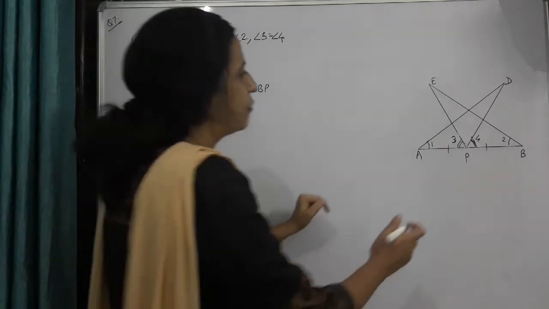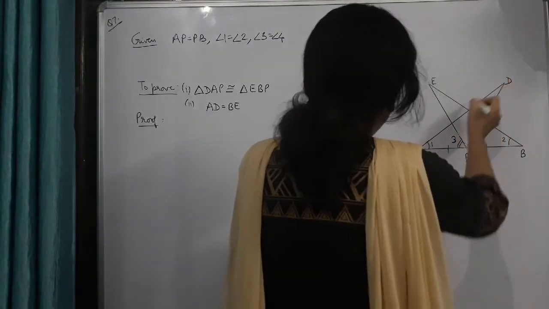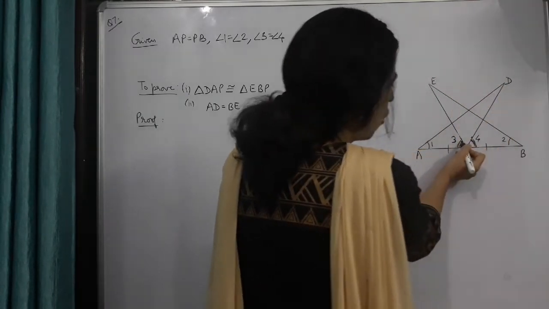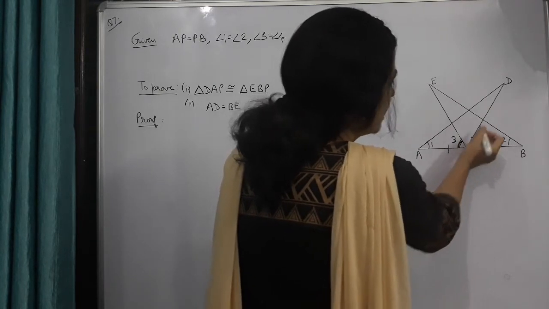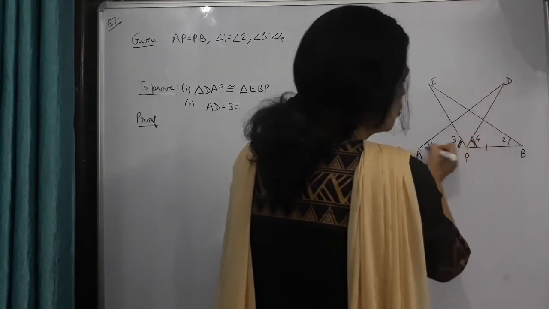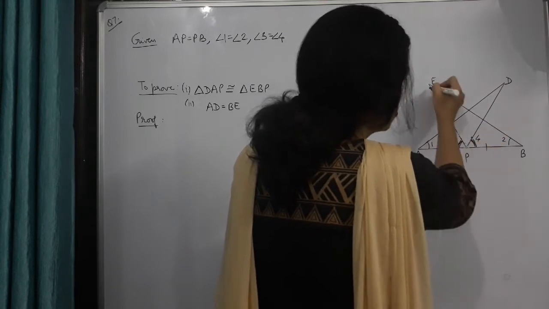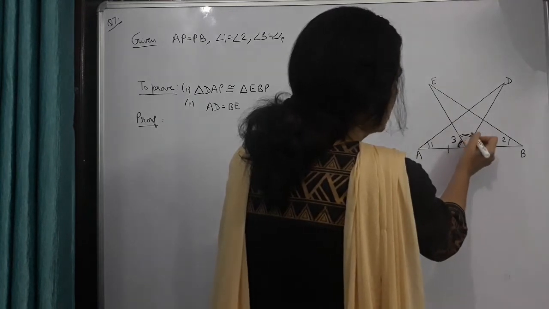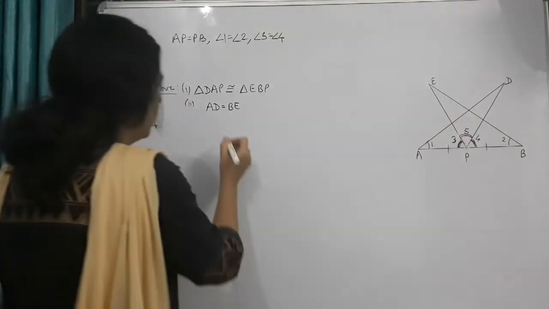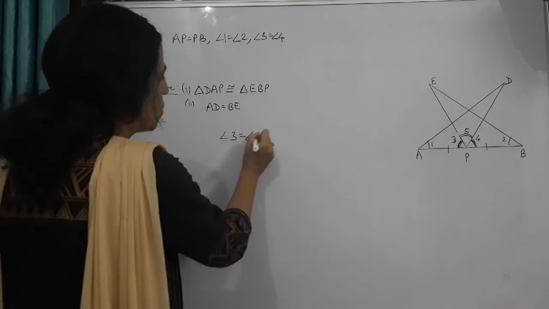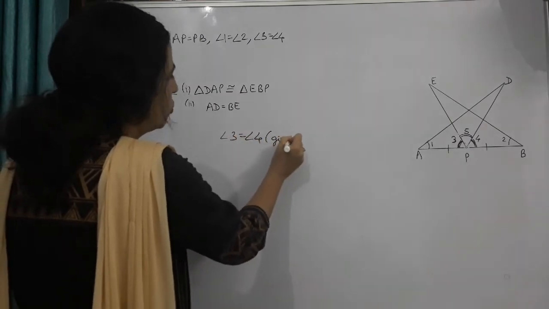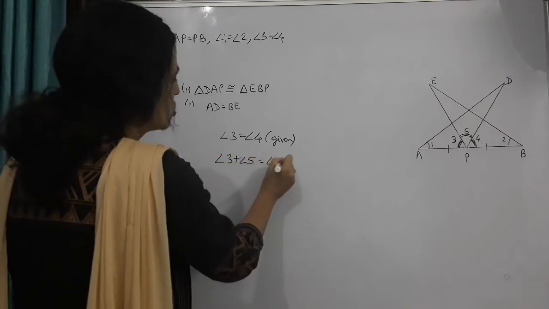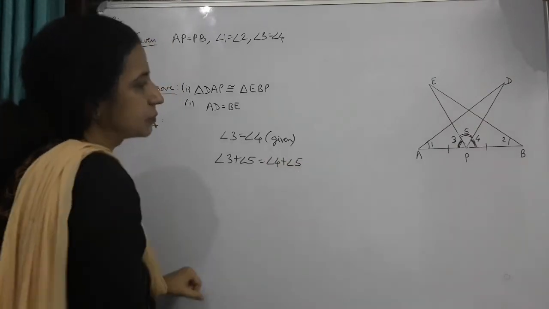Now over here, if we take these two triangles, triangle DAP and triangle EPB, you can see from the figure that angle 3 is not the complete angle of this triangle, and angle 4 is not the complete angle of triangle EPB. So what we do, we take this as angle 5. So over here angle 3 is equal to angle 4. This is given to us. Now we add angle 5 on both sides. So this is what we obtain.